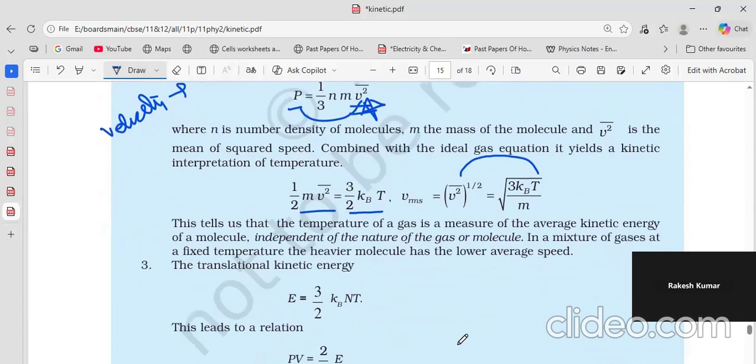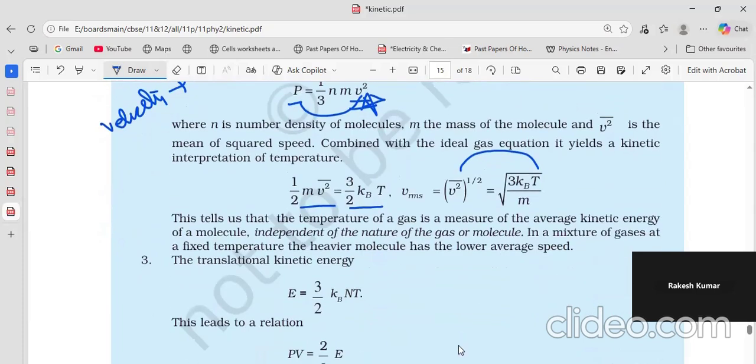And you can get the energy of one particle. If they say kBT, that's one particle. If it is kB into N into T, it's 3 by 2 RT. That's the whole gas.